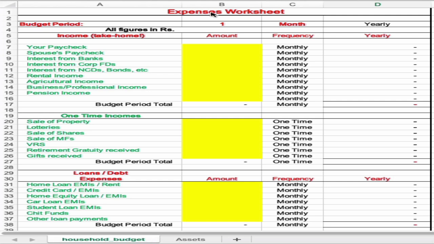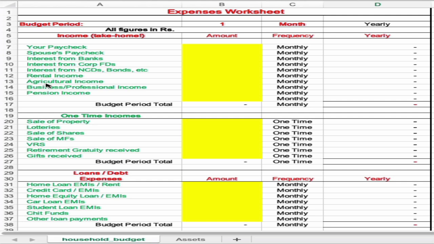In the expenses tab, the budget period is 1 month. That means you enter only 1 month's amounts, and the Excel sheet will calculate the yearly. These are color coded. Anything in red means don't touch.